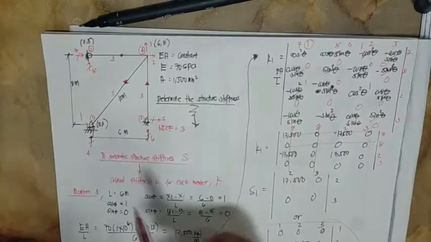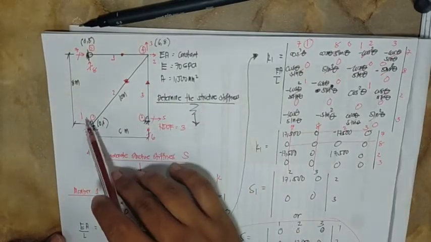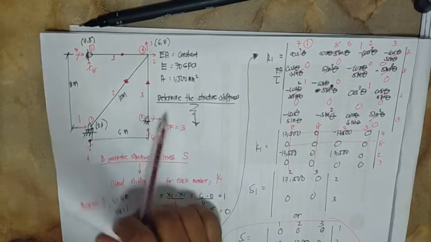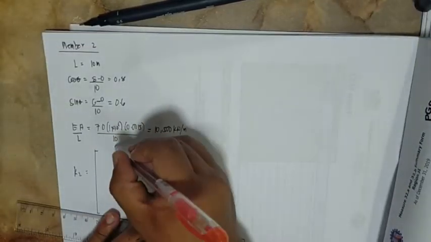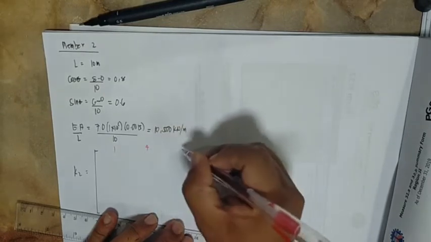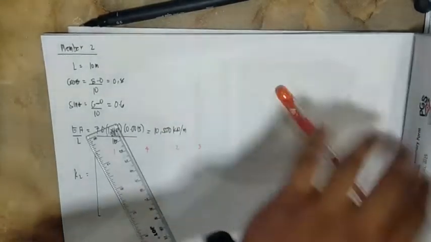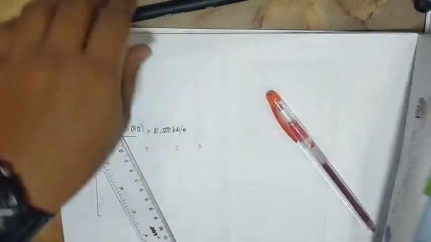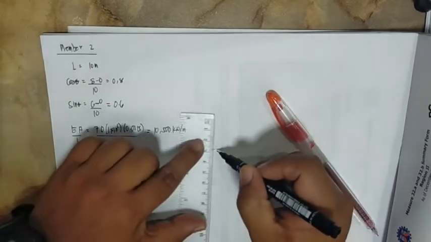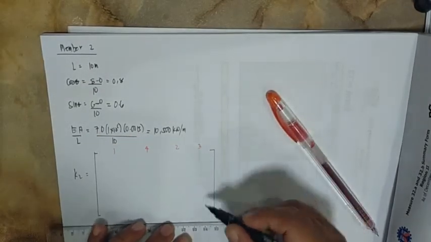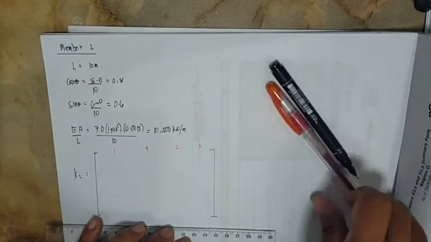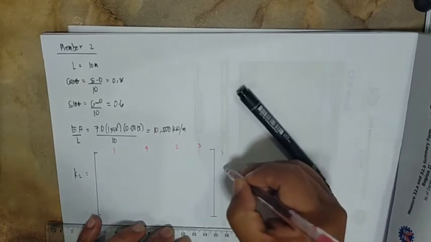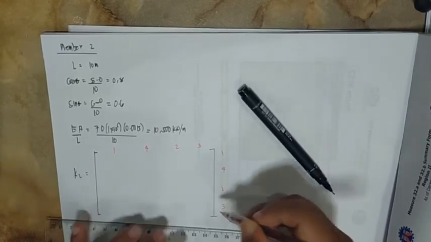So here, for member 2, 1, 4, 2, 3, right? We can put here 1, 4, 2, 3. One, 4, 2, 3.